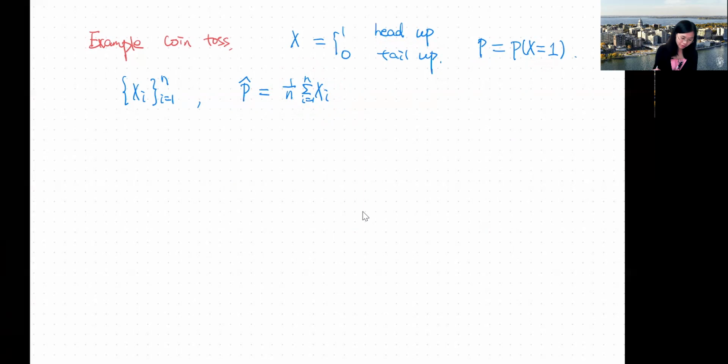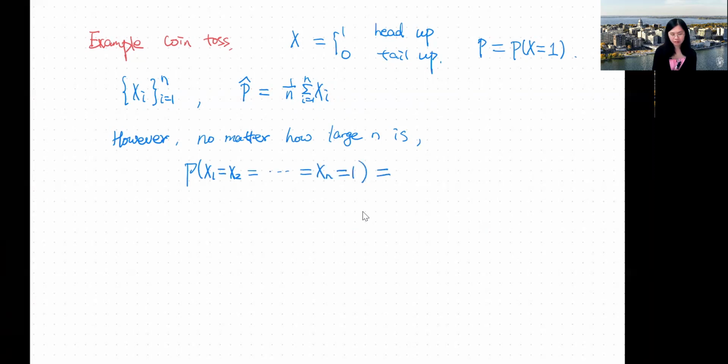However, that is very intuitive. However, no matter how large n is, no matter how many times you toss the coin, the probability that you get a full sequence of heads, for example, that probability is p to the power n, is positive.